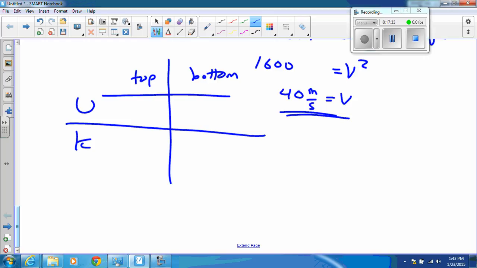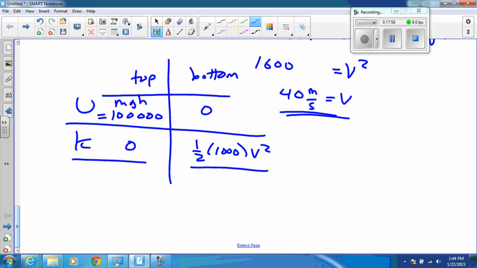The reason that I picked this example is we have one conservative force, which is gravity, and we have one non-conservative force, which is the air resistance. So we're going to consider only the mgh, which is 100,000 joules. And our chart is fairly easy to fill in.